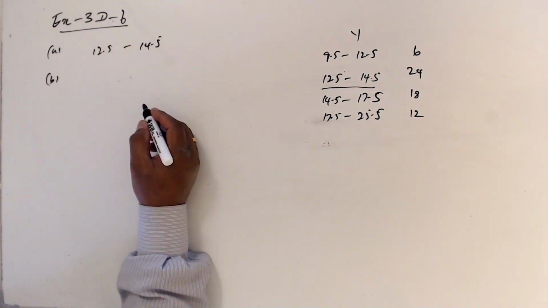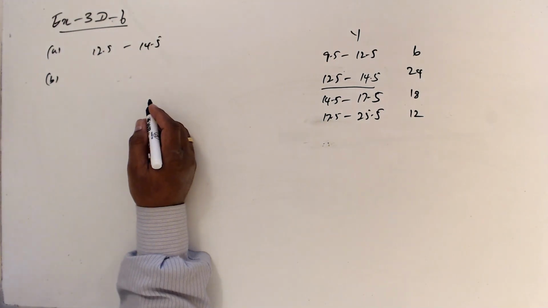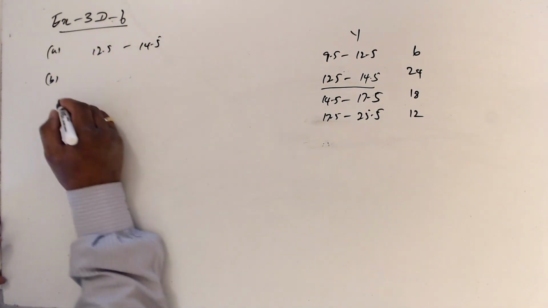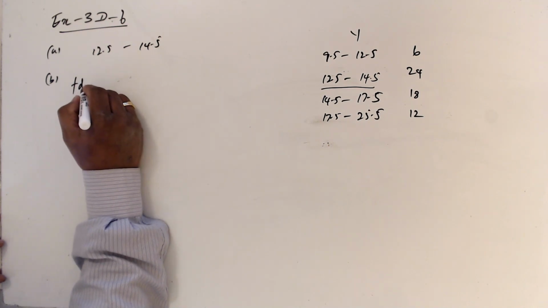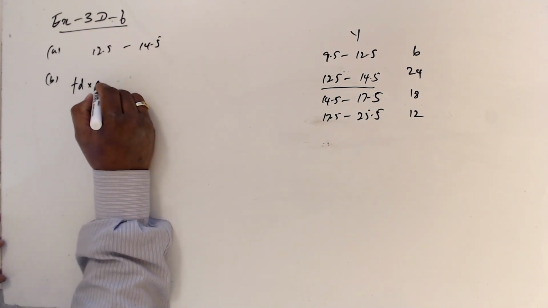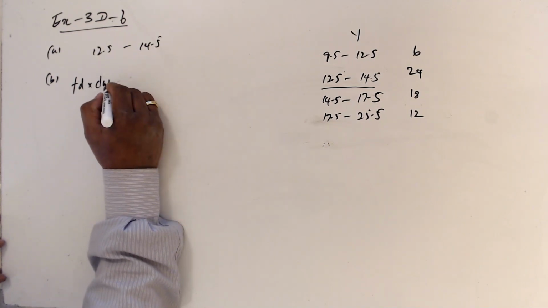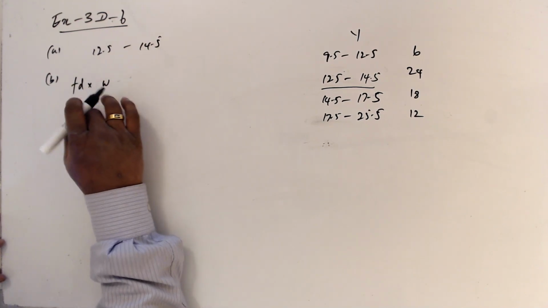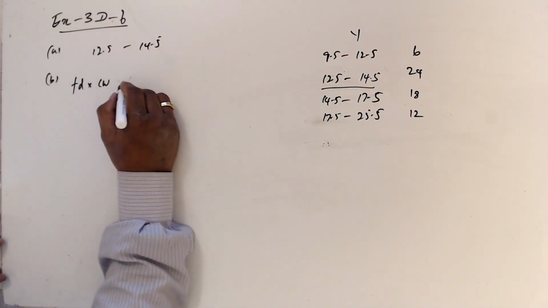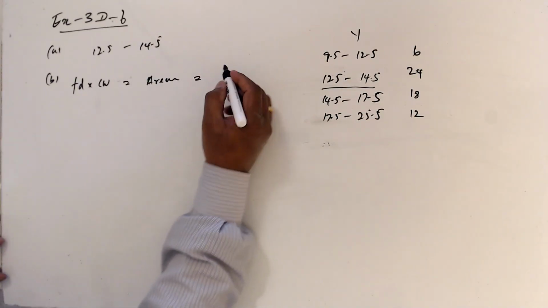Part B, find the width and the height of the bar. Part B, we have an equation, frequency density multiplied by class width, CW, equal area, equal frequency.